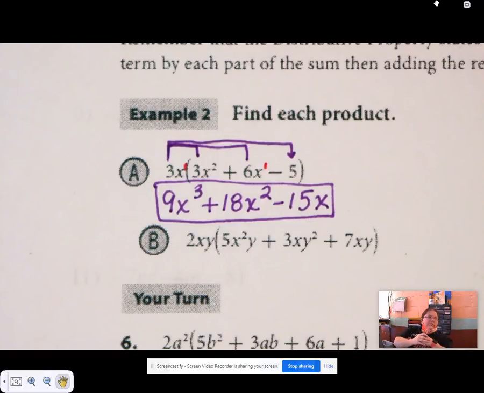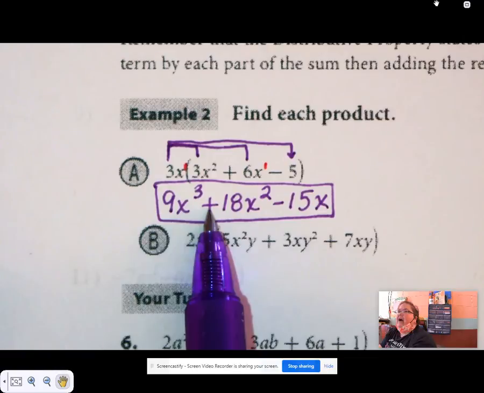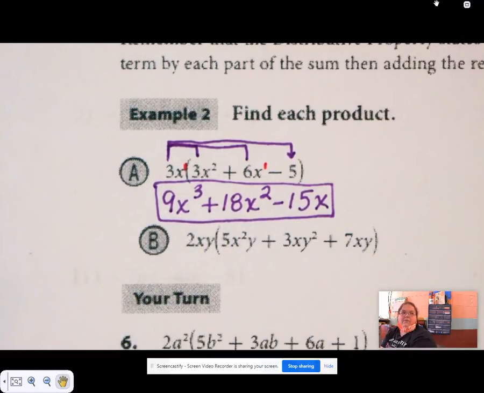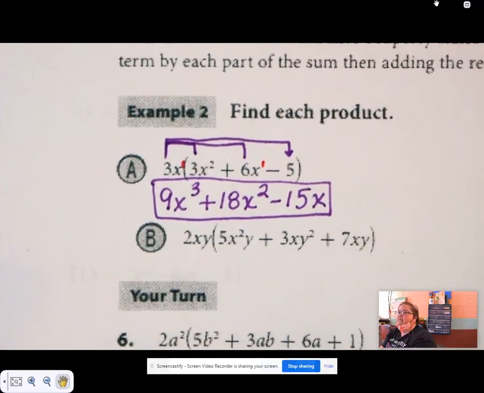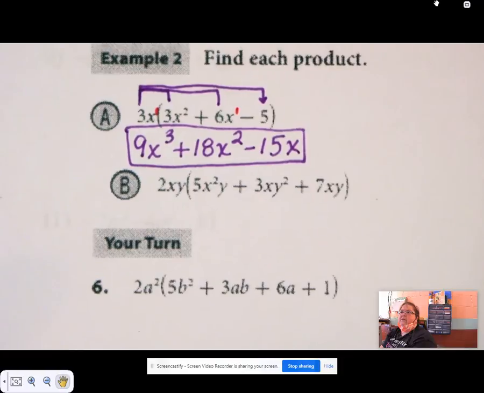Nice, Elizabeth. Thank you for mentioning that. So that's why we can't add those. So that's the difference between multiplying and dividing and addition and subtraction. Okay, very good. So this has got to be our final answer because now I only have addition or subtraction and none of those are like terms. Very good. Excellent point. Any other questions about that?